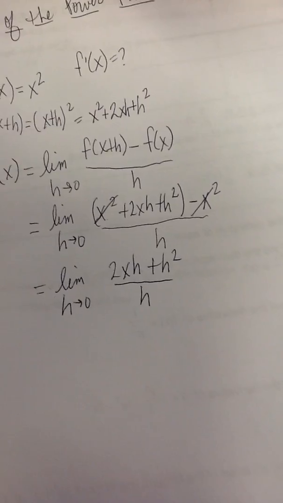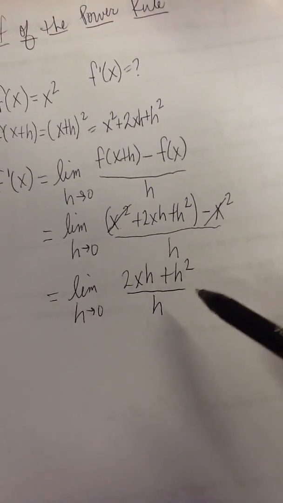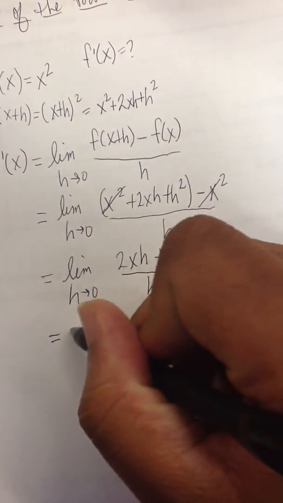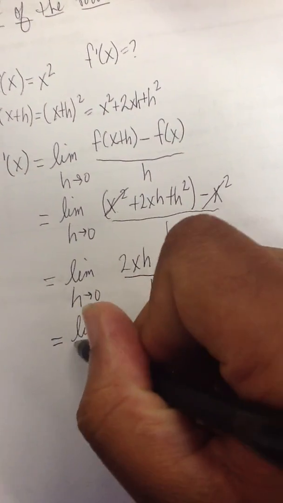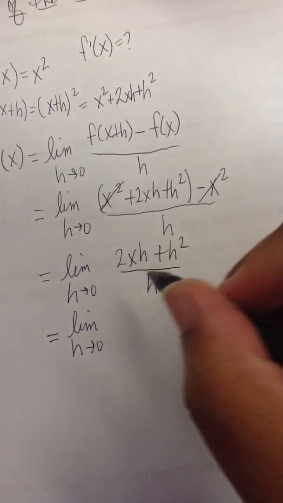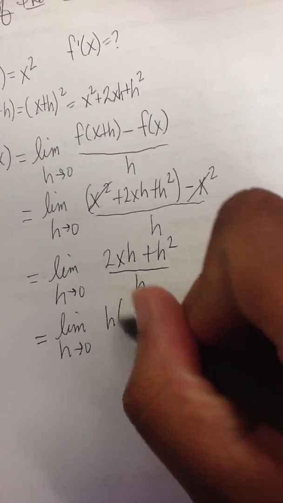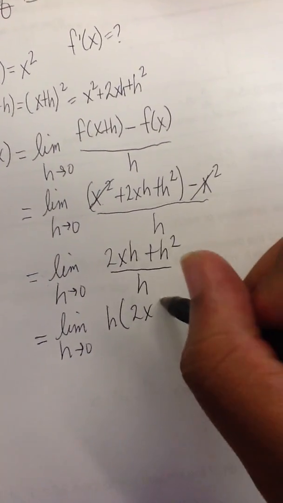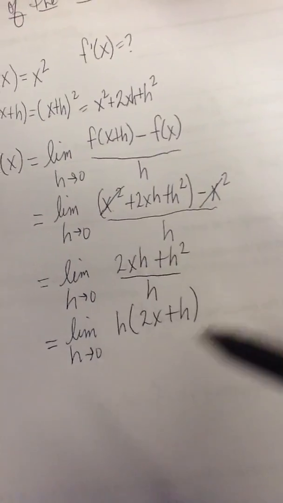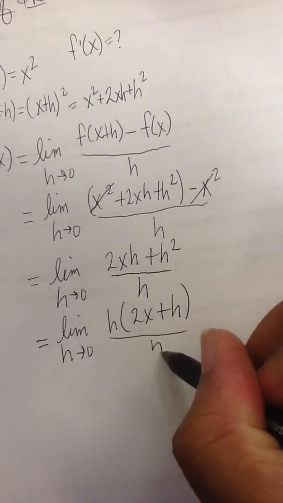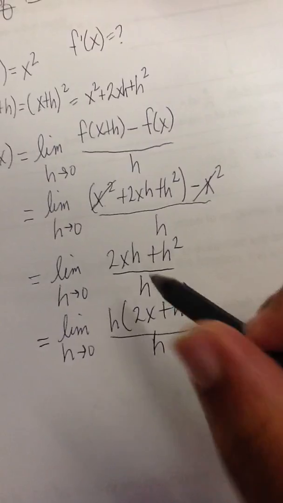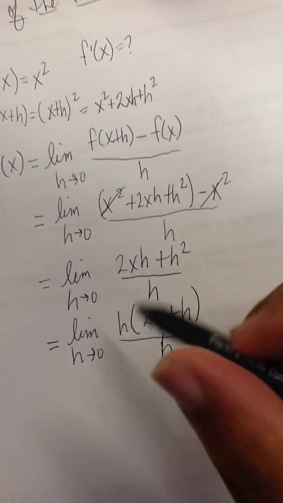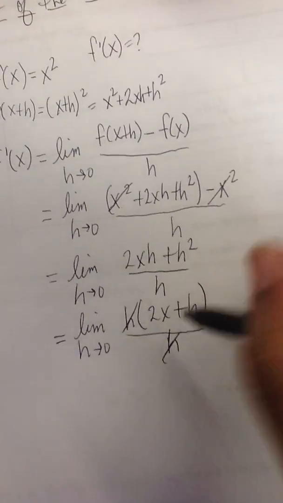All right, so I notice that each one of those terms has an h in it, so we can factor out an h at the top. I'm left with the limit as h approaches 0 of h times 2x plus h, all over h. I have h being multiplied at the top and the h at the bottom by itself, so it cancels.